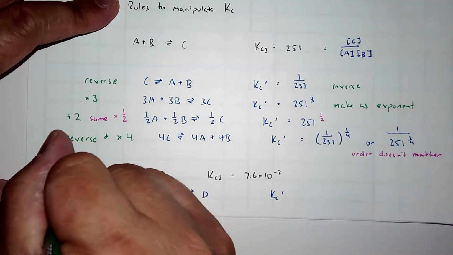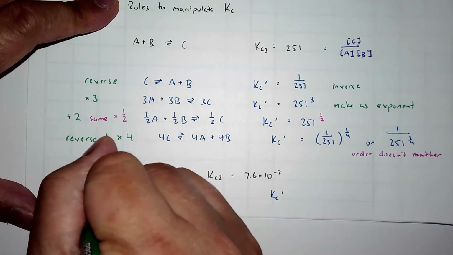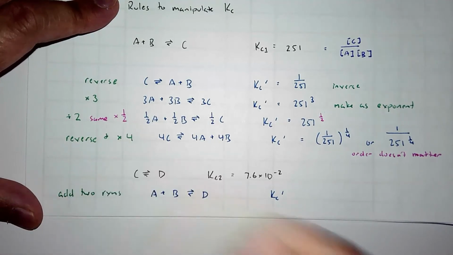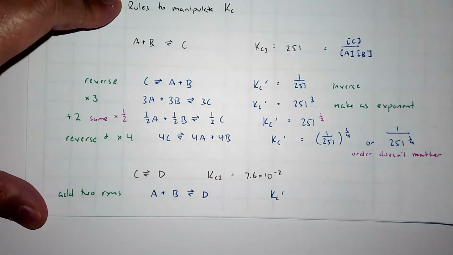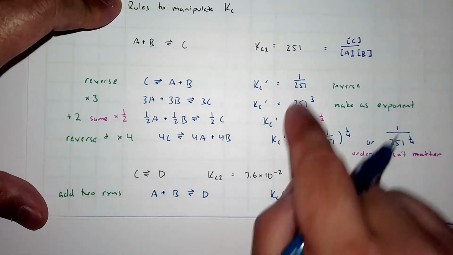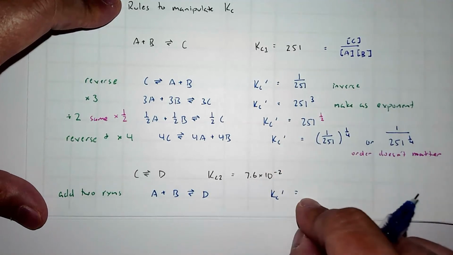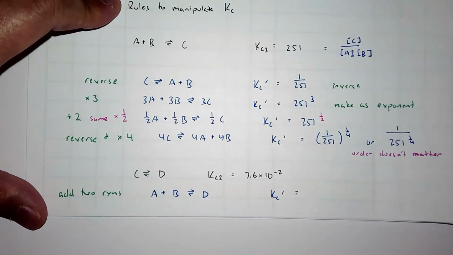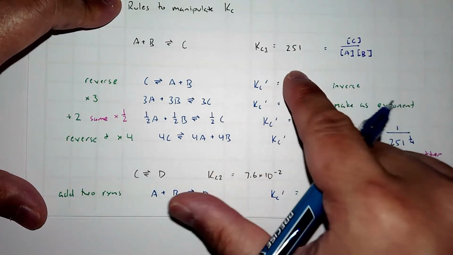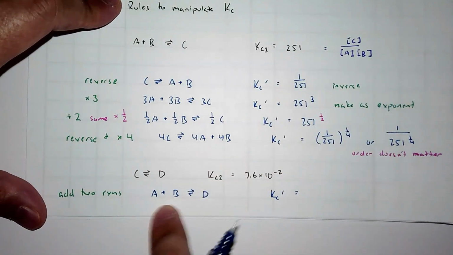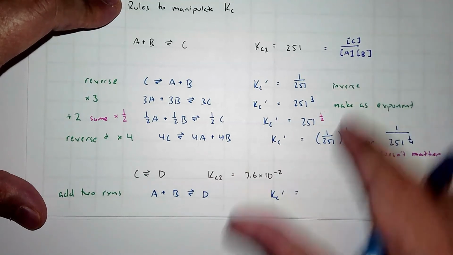So how about I put here, add two reactions. What you're going to do is multiply the two Kc's. Let me just make sure that makes sense. Yep, you're going to multiply.